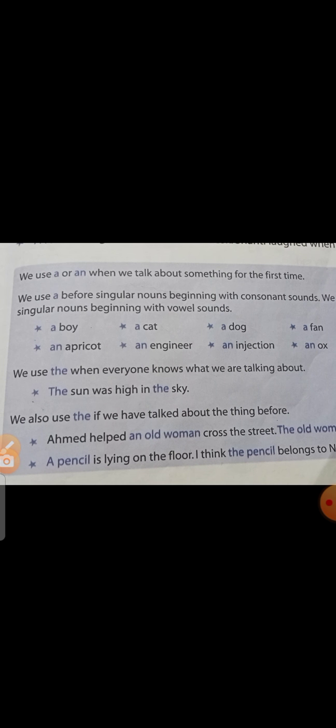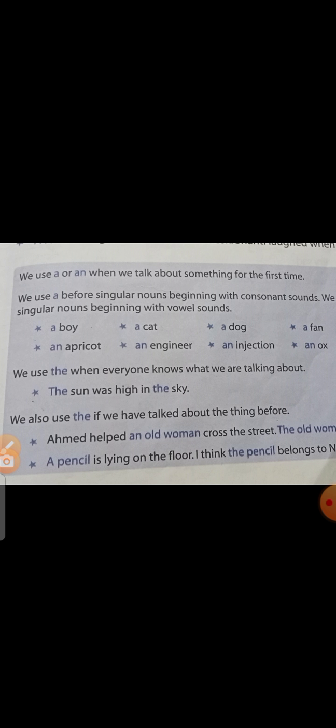Articles are the words a, an and the. A and an are the indefinite articles and the is called the definite article.